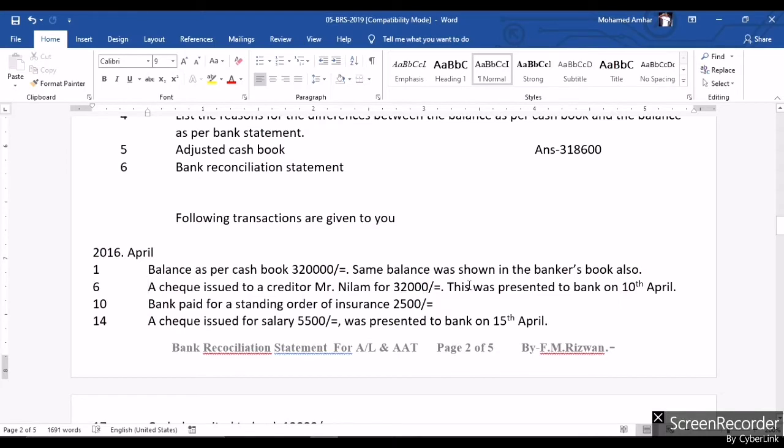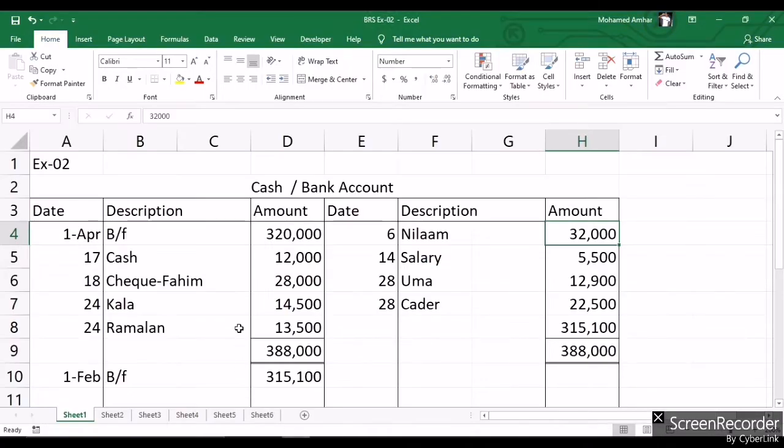And say this check was presented to the bank on 10th April. The check is issued on 6, but this check was presented to the bank by Nilam on 10th. So the bank would have issued money on 10th.